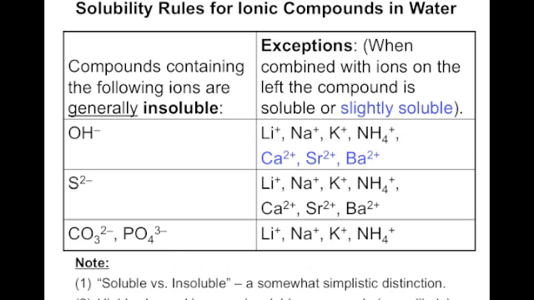If it doesn't dissolve to that amount, then we consider it to be insoluble. The other thing that you may have noticed as a pattern here, with the exception of sulfate, is that compounds that have anions with high charges tend to be insoluble, right? So sulfide, carbonate, phosphate, but not the sulfate so much.